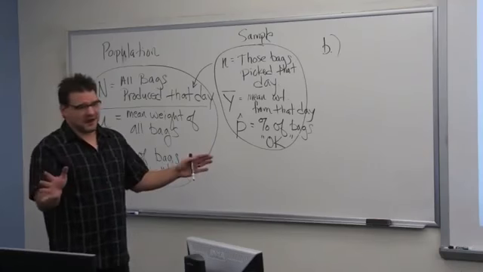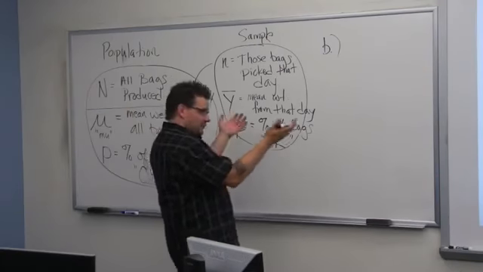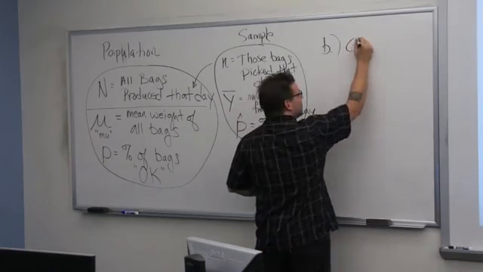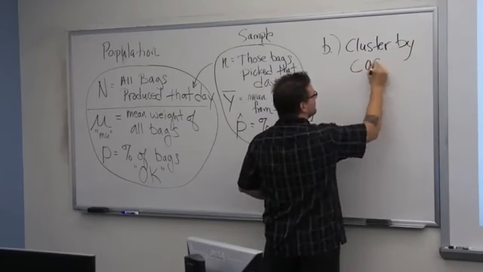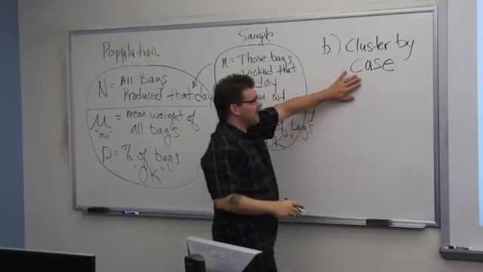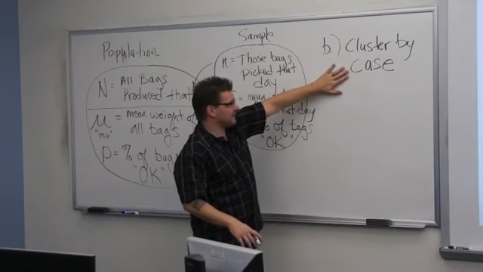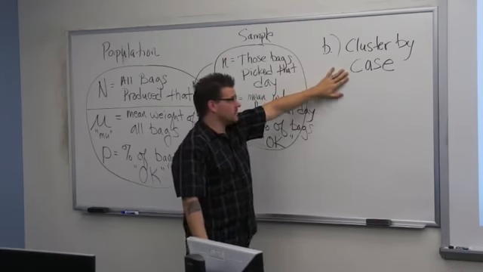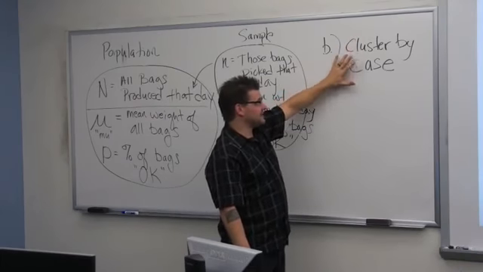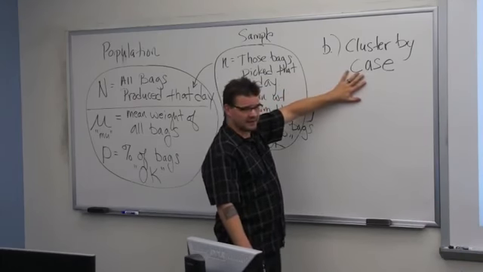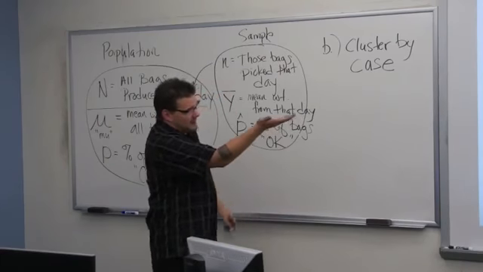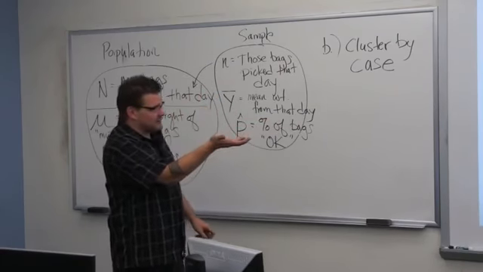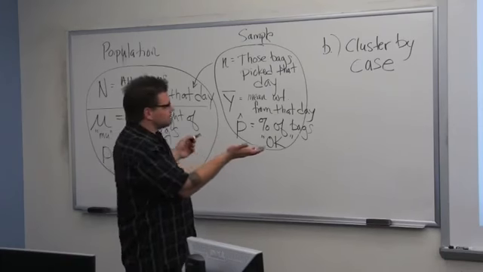I must have had cluster on the mind when I wrote this example because we're cluster again here. This is cluster by case. We're presuming every case of Doritos mimics the population. So what I'll do is I'll randomly pick 8 cases and I'll weigh every bag in those cases. It's clearly a cluster. The next step, once the bags are weighed, the manager grabs one and opens it.